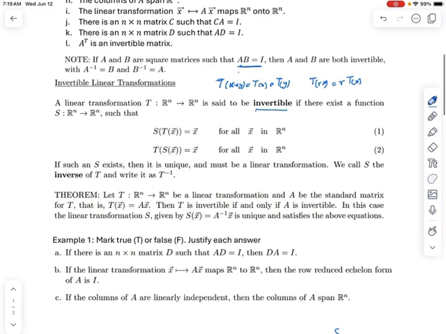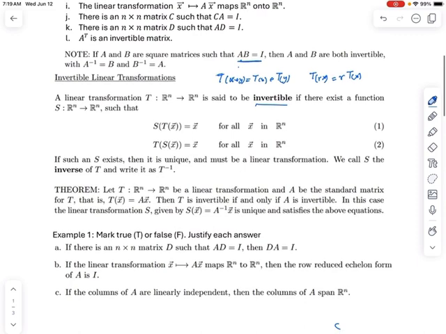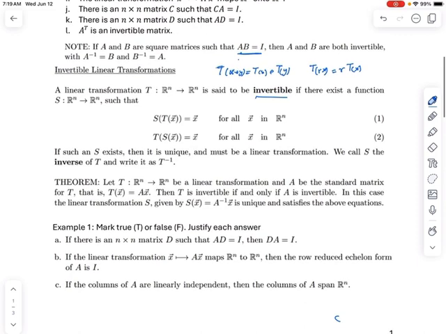To check whether a given transformation has an inverse, figure out its standard matrix and then check if that matrix is invertible, which means the inverse of the matrix exists.